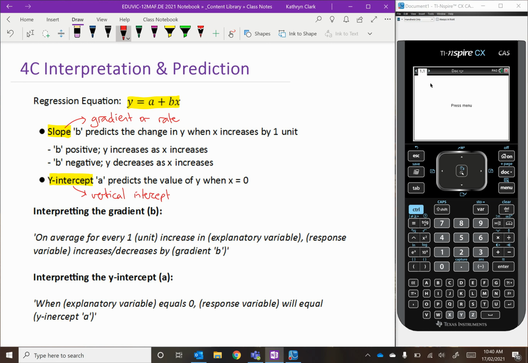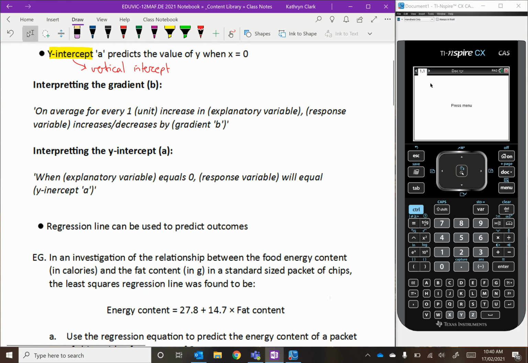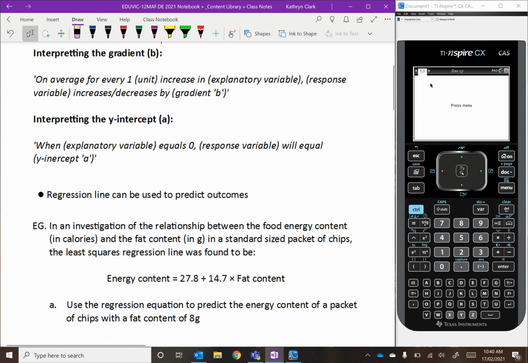So when we're asked to interpret these values, we have, again, some sentences that we can use. So I've got our two sentences here. When we're asked to interpret the slope, the bits in the brackets are the part that we're going to substitute in for. So the rest of the sentence remains, and then we pick either increases or decreases.